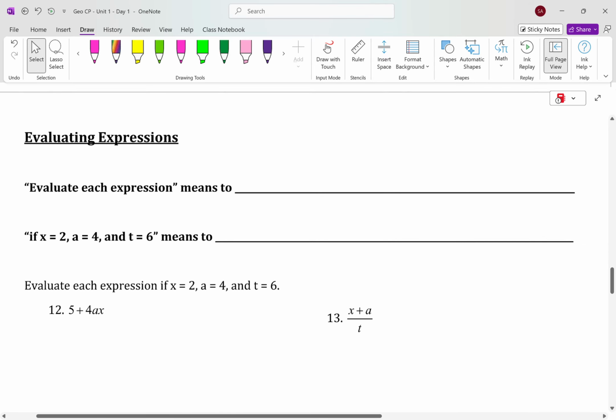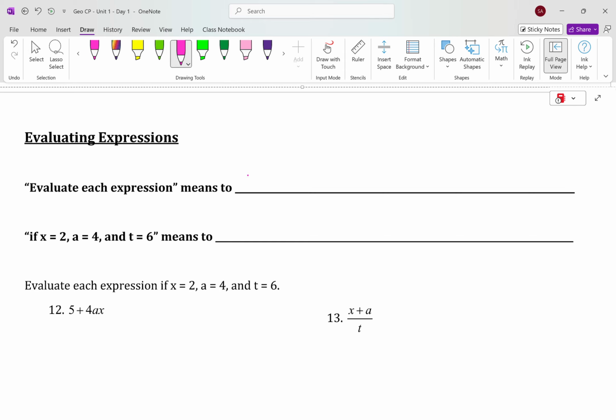Okay, when it says evaluate each expression, it means to substitute in the value for the given variable and simplify.